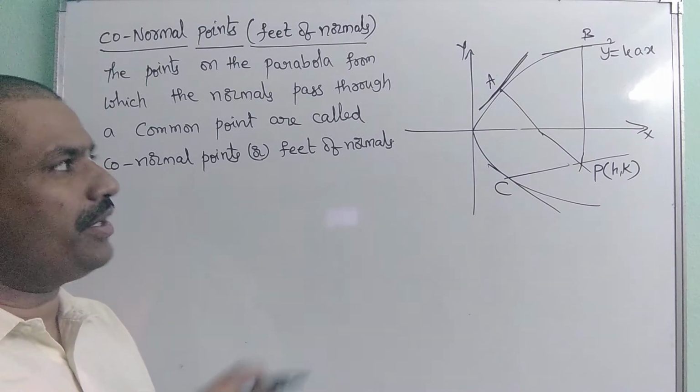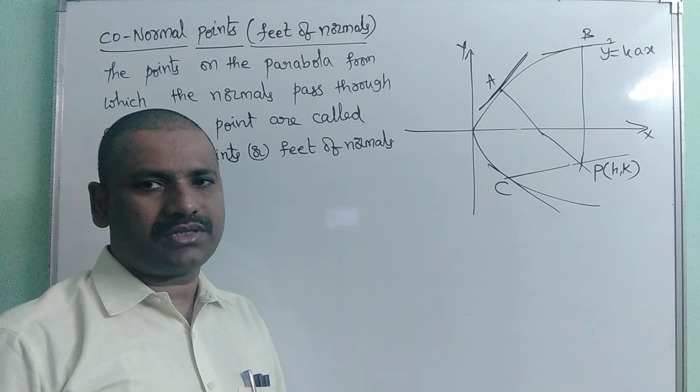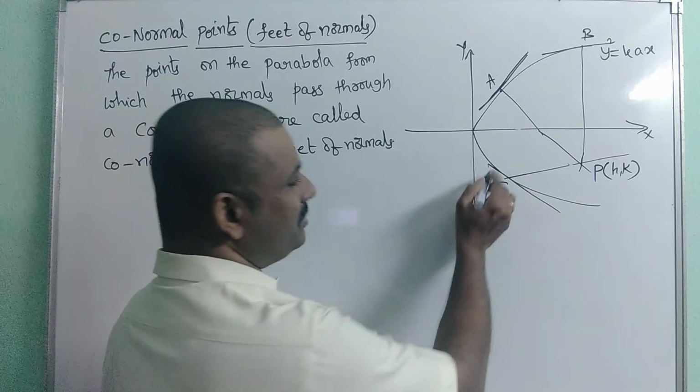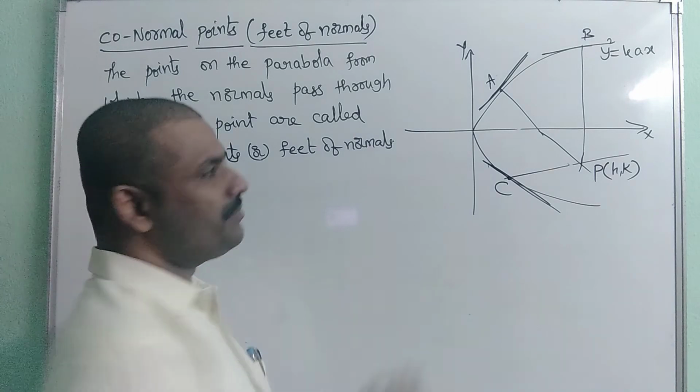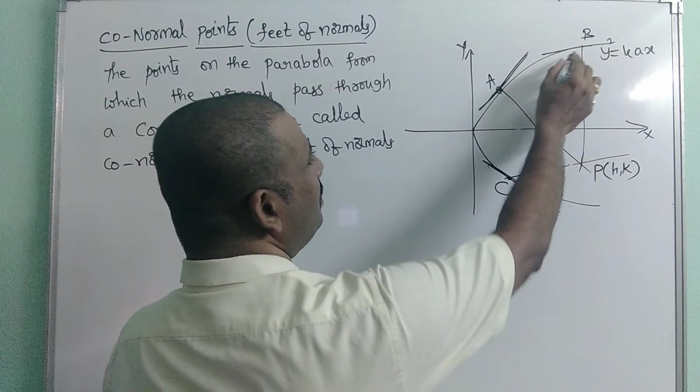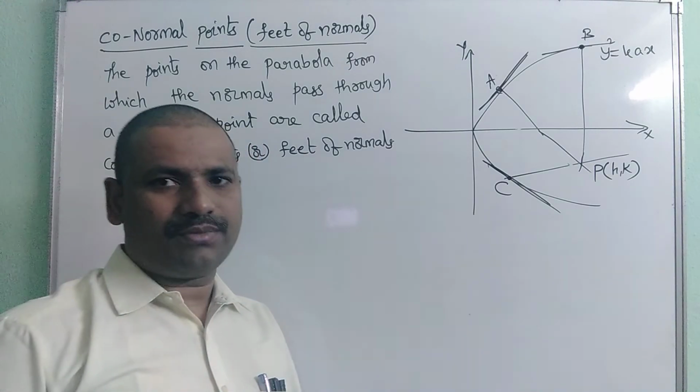Then the points A, B, C are called conormal points or feet of normals.